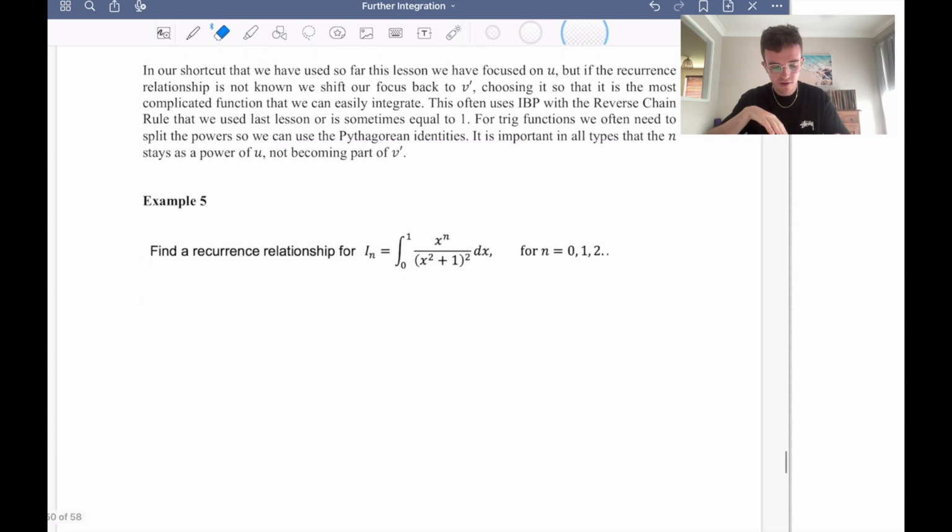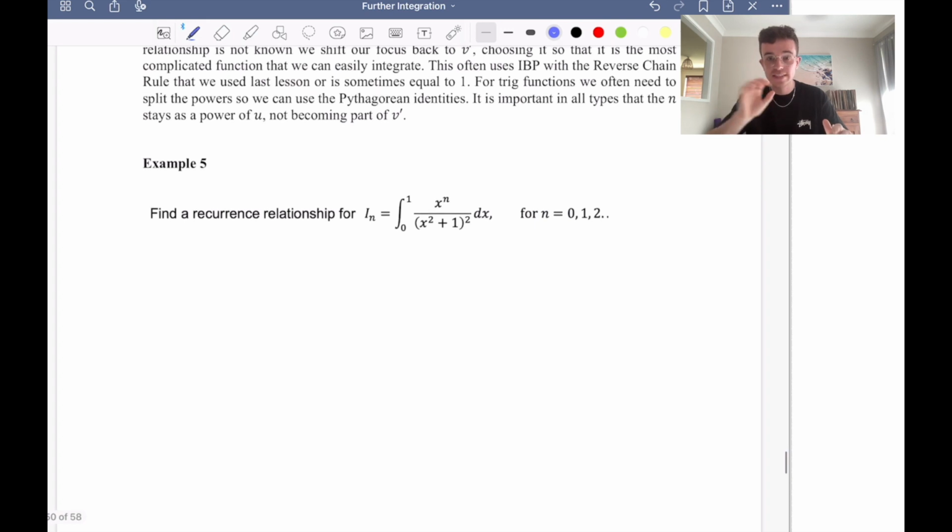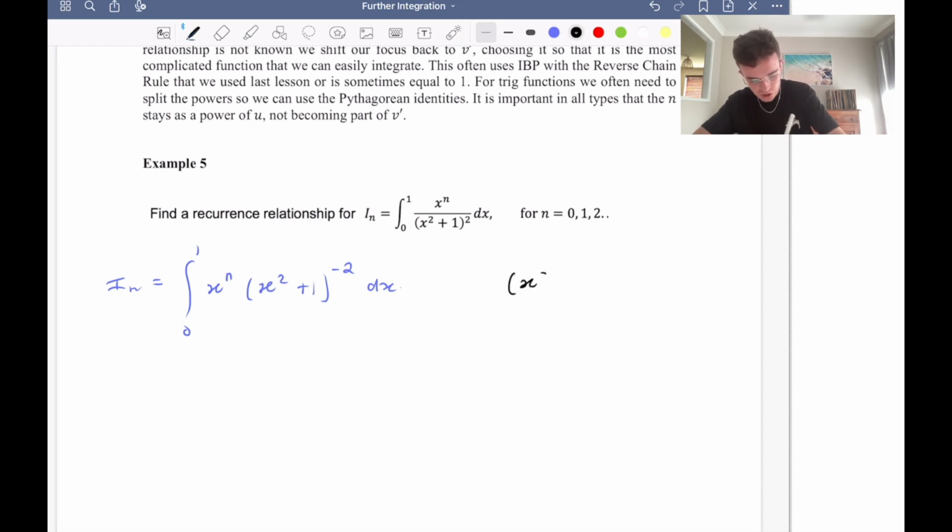If it's not given, generally we're going to focus on the v dash part of the integration by parts. So I'm going to rewrite this integral as the integral from 0 to 1 of x to the n, x squared plus 1 to the power of minus 2 dx. Now, let's find the differentiation of that.